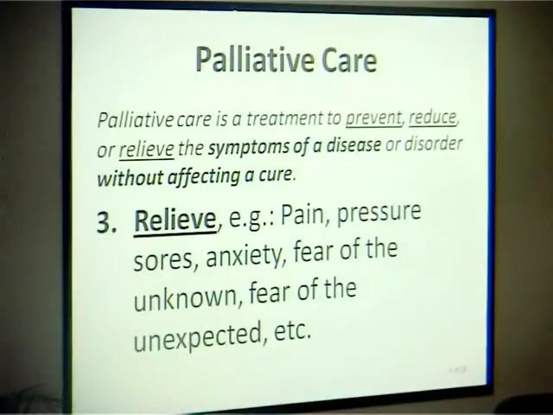Step 1 is you start with the mildest kind of analgesics like aspirin, Panadol, with or without anything else to help. Level 2 is the mild opioid like tramadol and so on. And then level 3 is the strong opioids like the morphines and so on. In some countries there is a level 4 and level 5 as well. Level 4 is where they use even stronger things, like ketamine and so on.